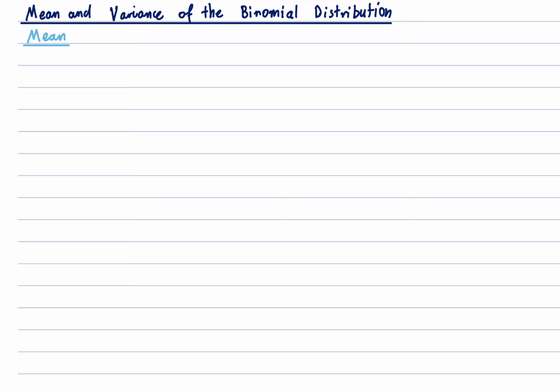So recall, if X has a binomial distribution, or I should write it in full, binomial with parameters n and p, where n is the number of trials and p is the probability of success of any one of those trials, then the PMF, or probability mass function, of X is given by the following.